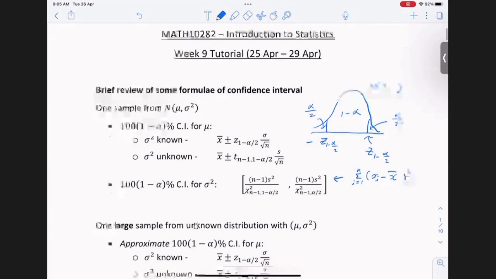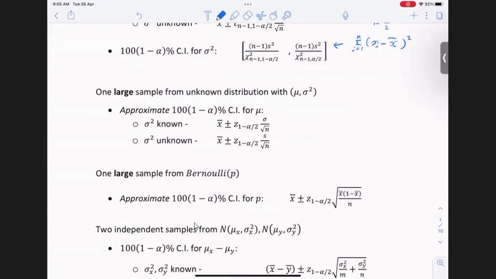Now, sometimes in the question, you are not told that it is drawn from a normal distribution. It is not mentioned about the normal distribution for the population. But we can still use the normal approximation when the sample size is large enough.